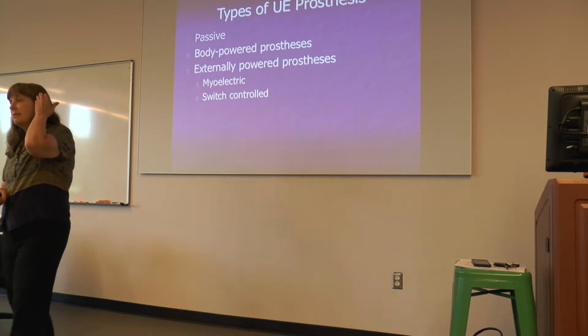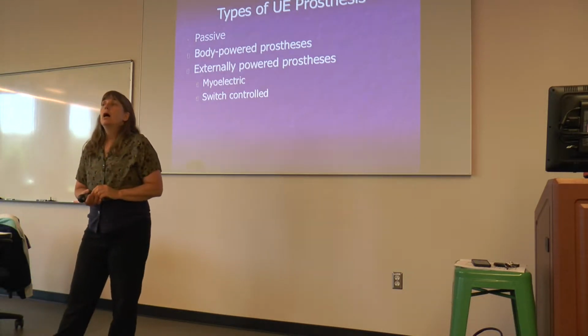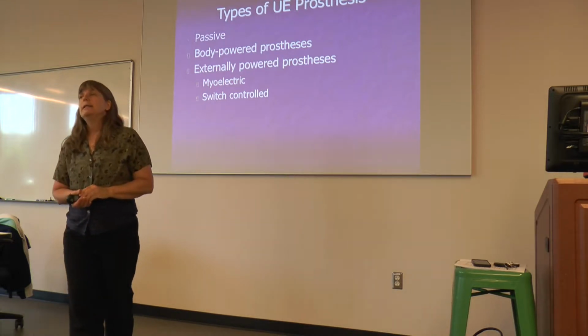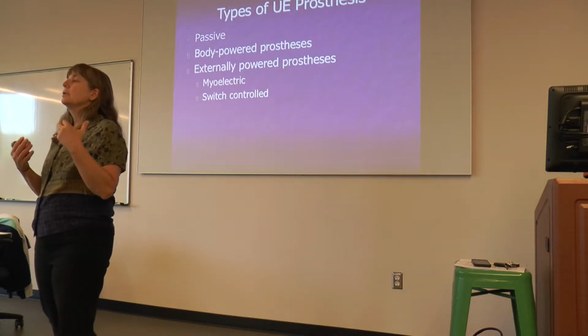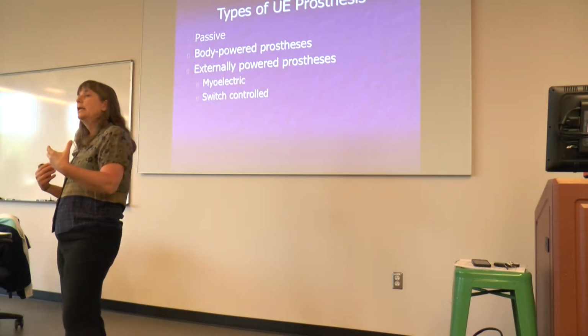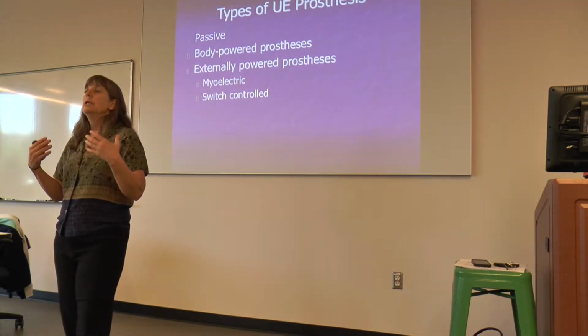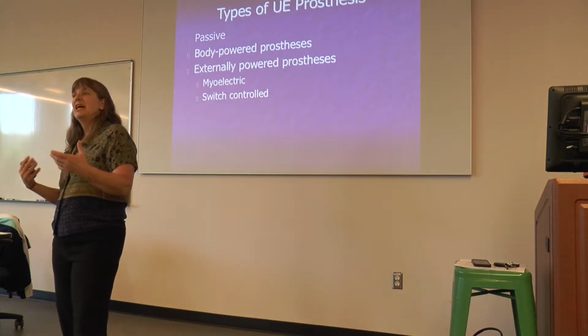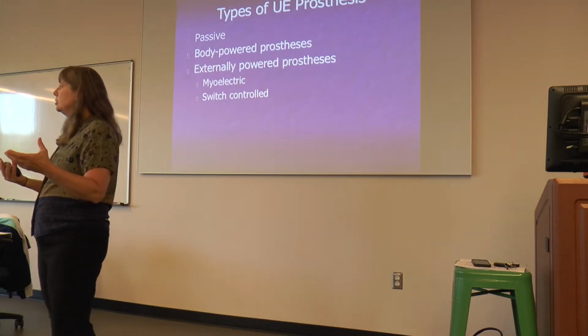It is a passive thing that is present. Body power means I use muscles of my contralateral extremity or muscles in my body, usually through a harness system, to activate the terminal device, the elbow, or parts of it that I need to do things with.